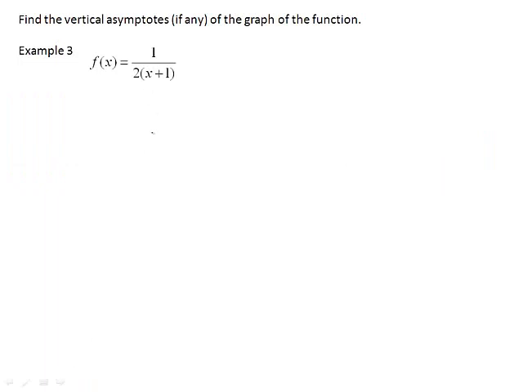We're supposed to find the vertical asymptotes, if any, of the graph of the function. And we're starting with f of x equals 1 over 2 times x plus 1.